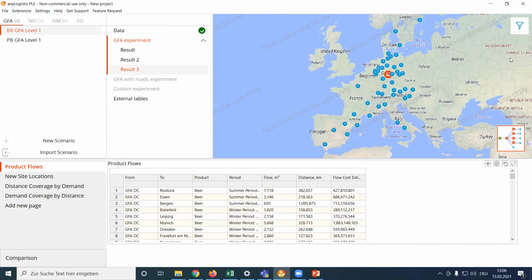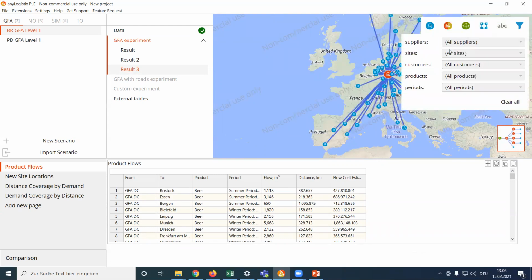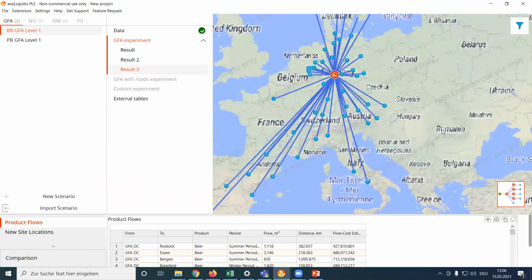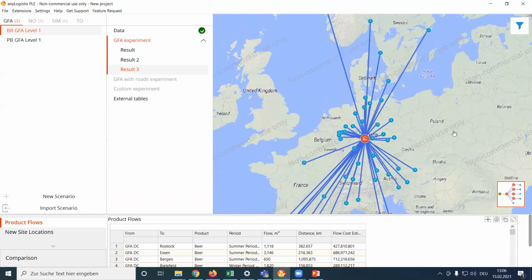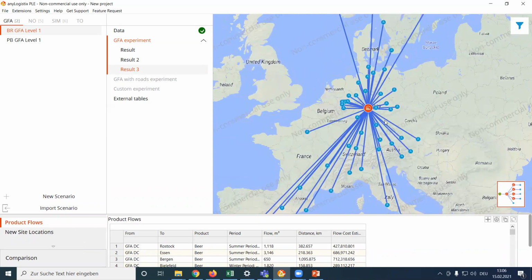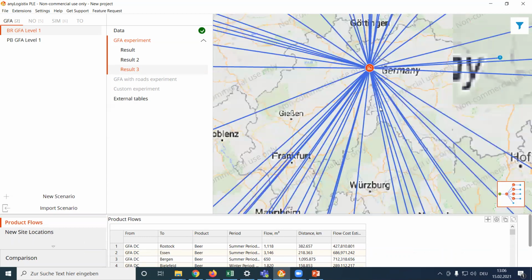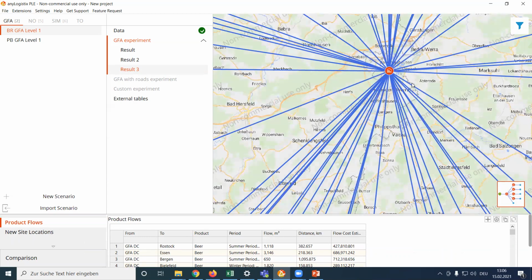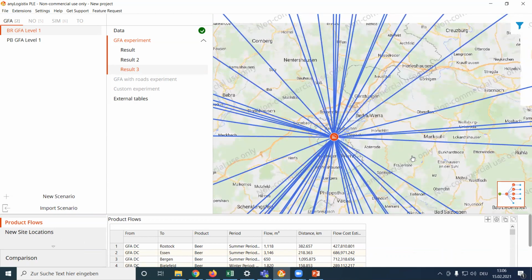Now we can see that we have a solution. Looking at the map, we can see that the software found the optimal solution for a single warehouse in this network. We can take a closer look at where this distribution center would be located.